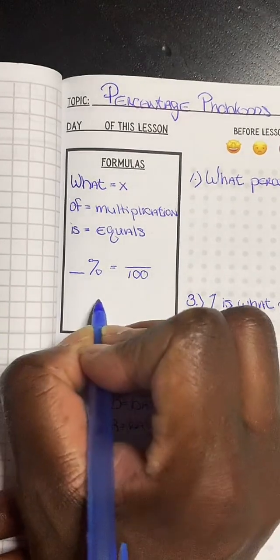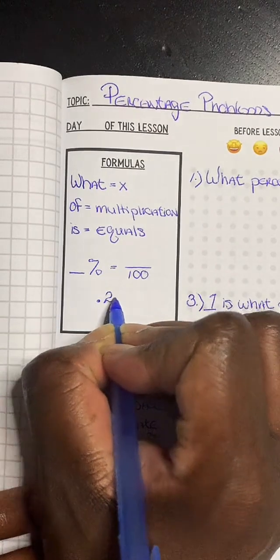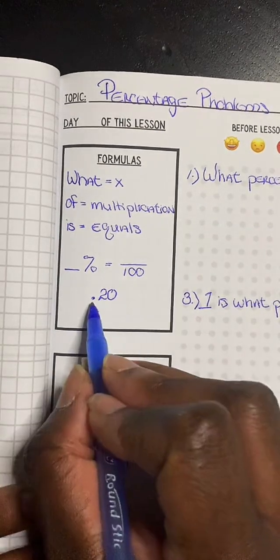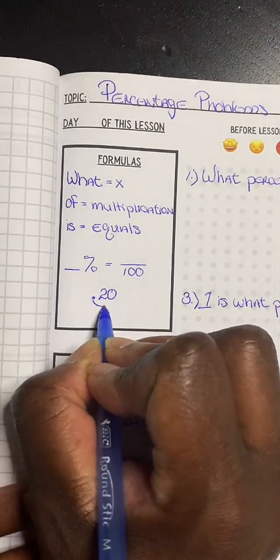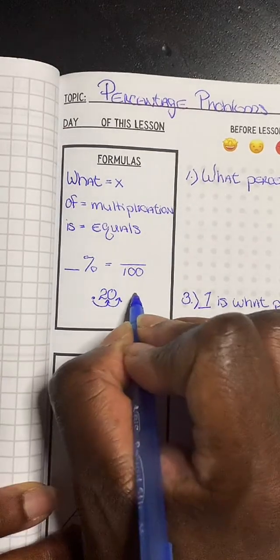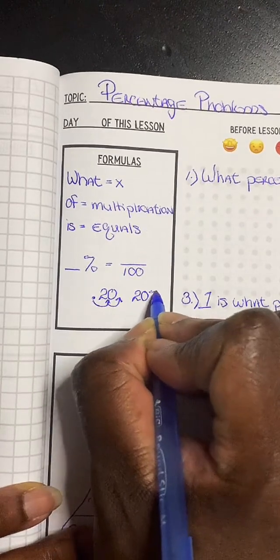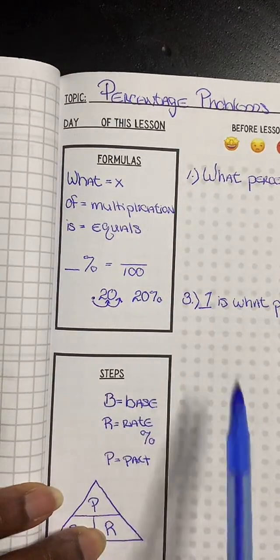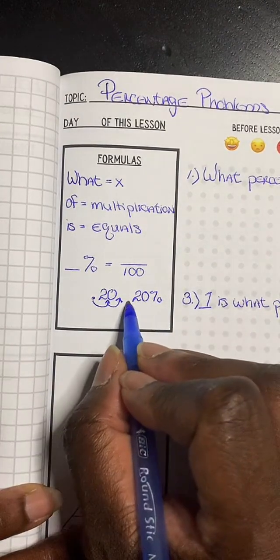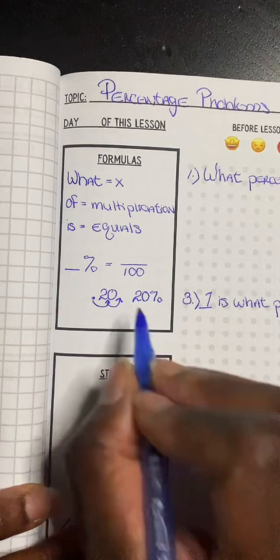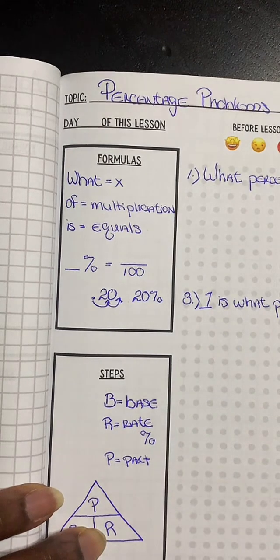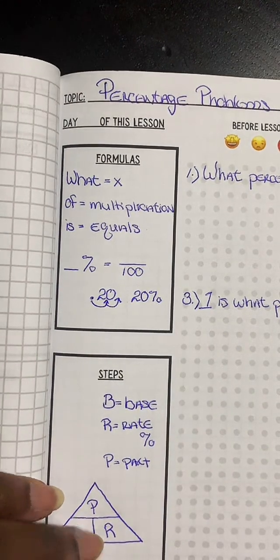So if they give us a decimal, like 0.20, that's the decimal form. To go from a decimal to a percent, I'm moving over 2 places to the right. So now I have 20%. When I'm going from a percent to a decimal, I'm moving it 2 places over to the left. The reason we're using 2 is because 100 has 2 zeros.